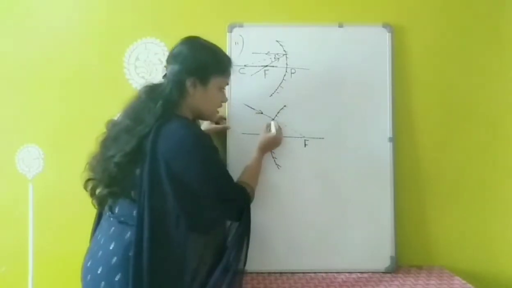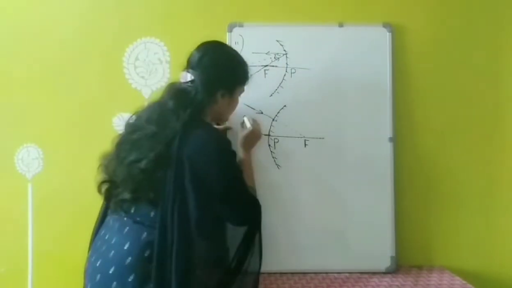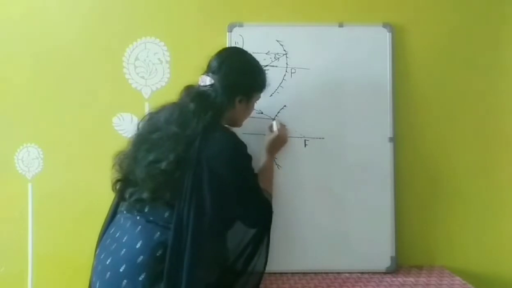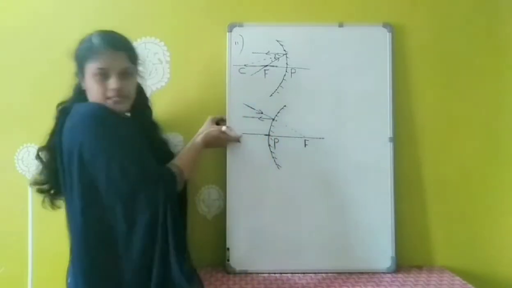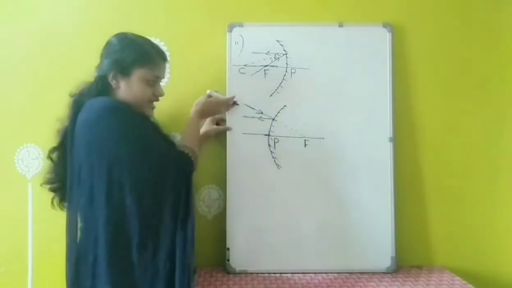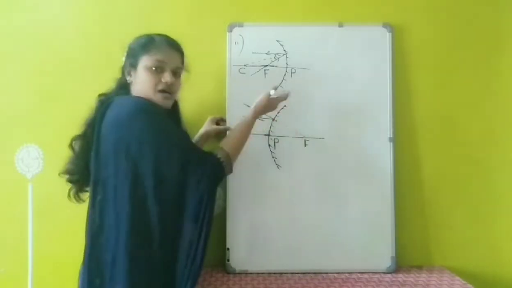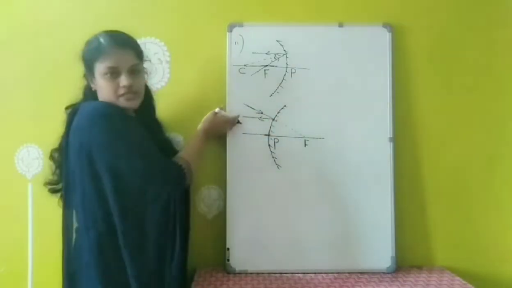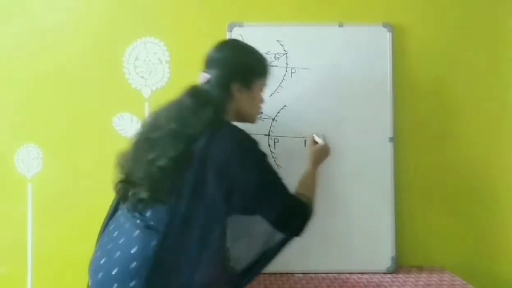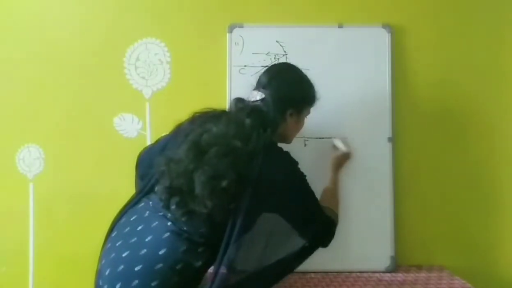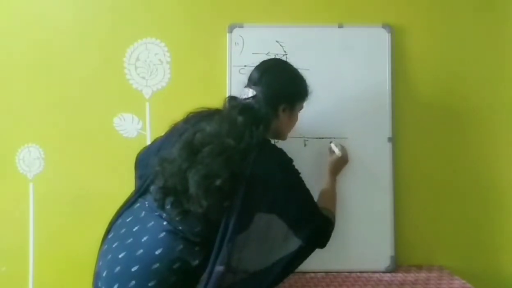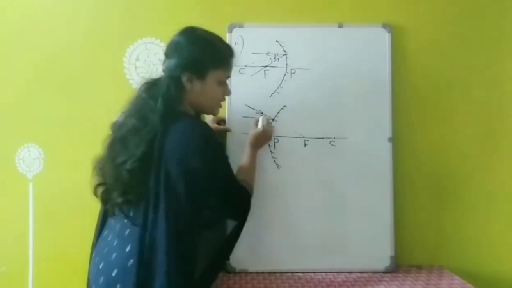So after reflection what will happen? It may pass parallel. It is passing parallel to the principal axis. So a light ray which is directed towards the focus after reflection passes parallel to the principal axis. And here also if you want you can mark center of curvature. Center of curvature here, and I am drawing a dotted line.